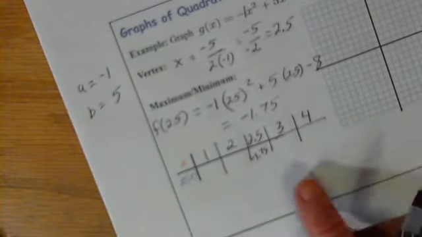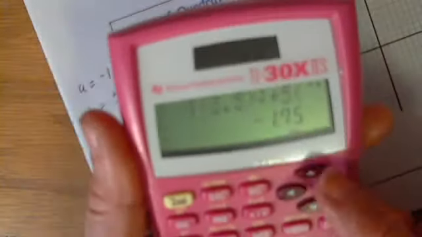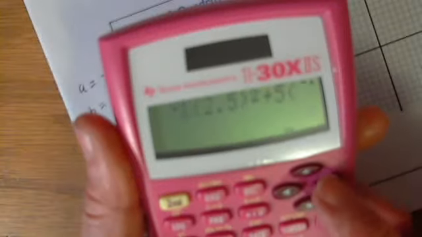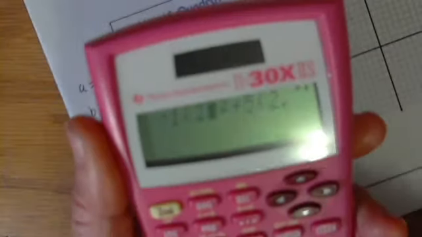So remember what we do next? We find the outputs for these inputs. I've already got the function in my calculator. Remember I had put 2.5 in there, so now I'm going to delete that and put in a 3. So we're putting the input 3 in.